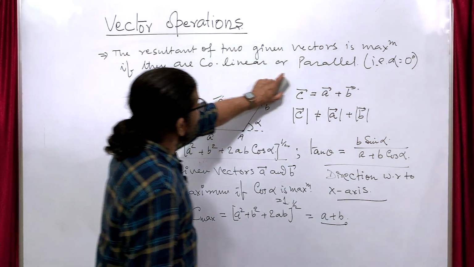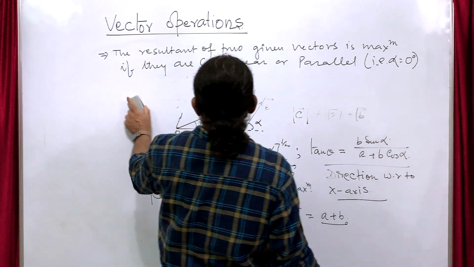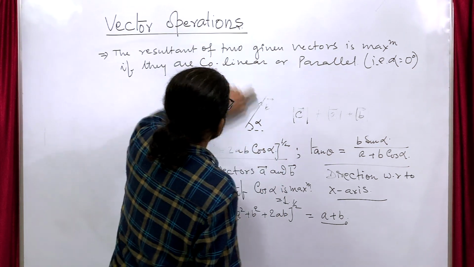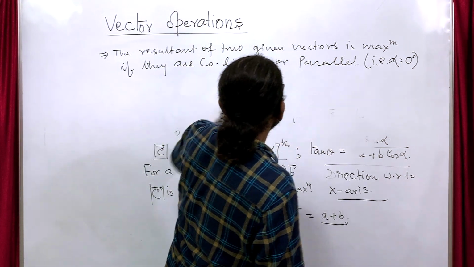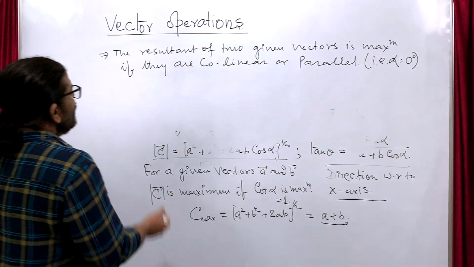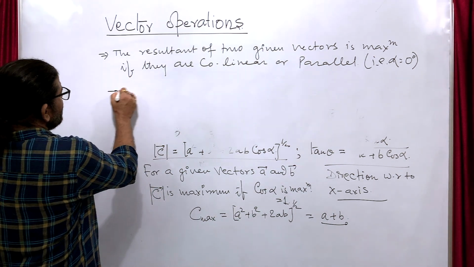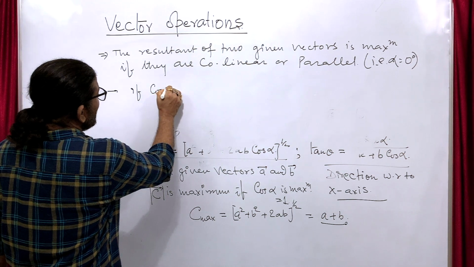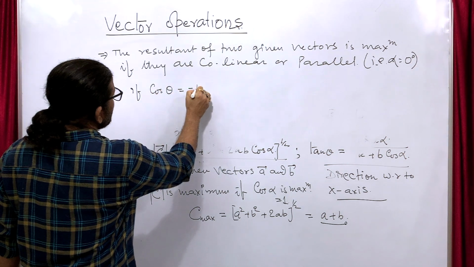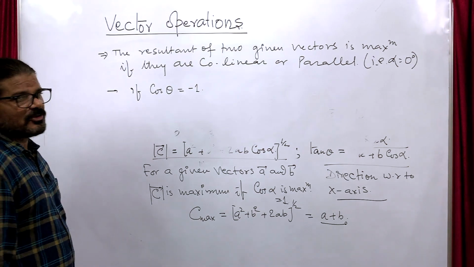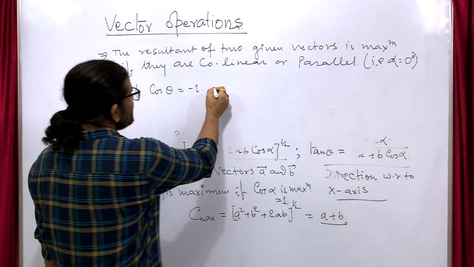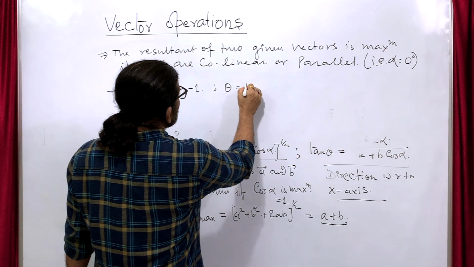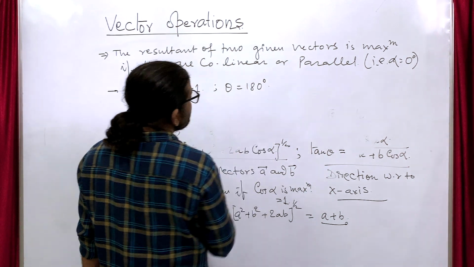Similarly, see, if cos of angle theta is equal to -1, this is also a possible value, meaning theta is equal to 180 degree.